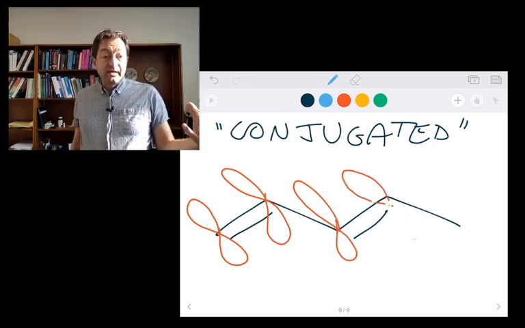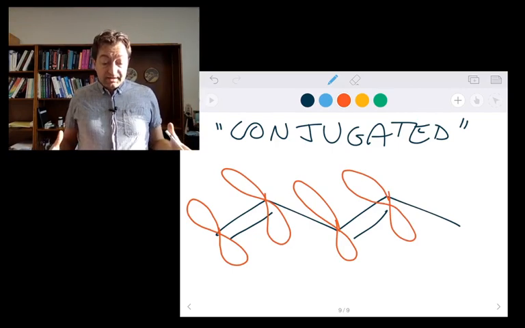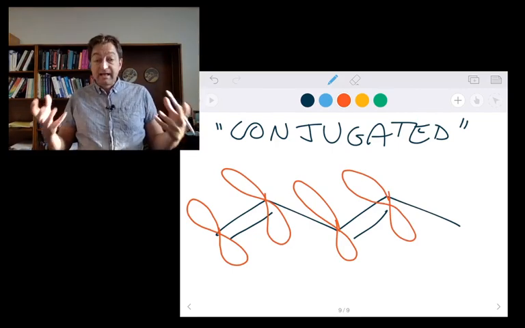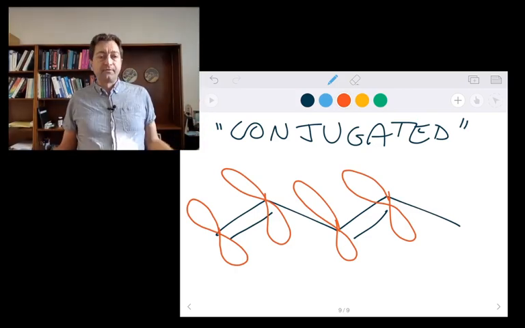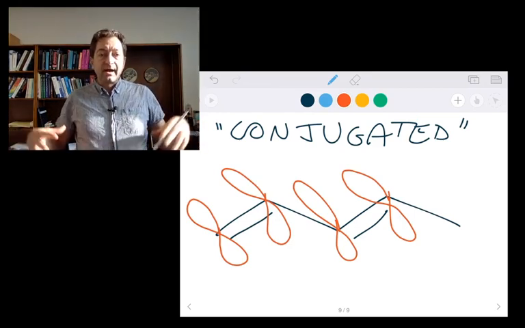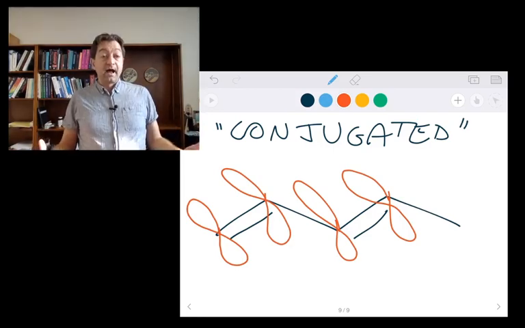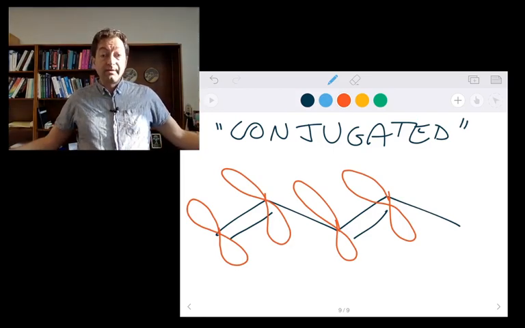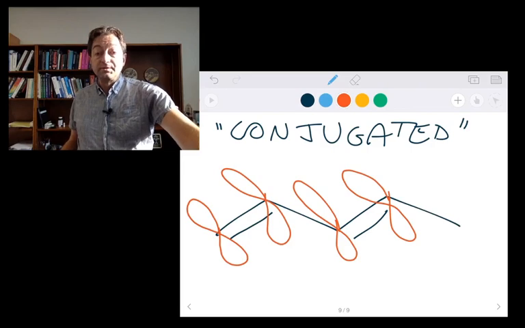Those atomic p orbitals that are forming those double bonds are all adjacent to each other. That means they can interact with each other. And so if we were talking about our original model for the carbon-carbon double bond, where two isolated atomic p orbitals were interacting with each other to form a new molecular orbital, what we really have here now is 4 atomic p orbitals that can interact with each other to form a new complete set of molecular orbitals.